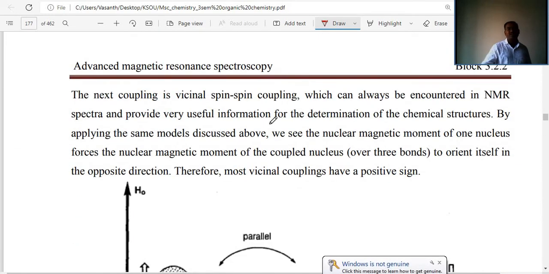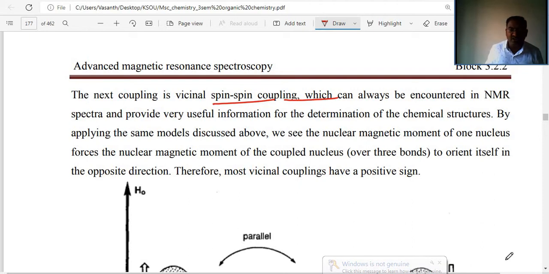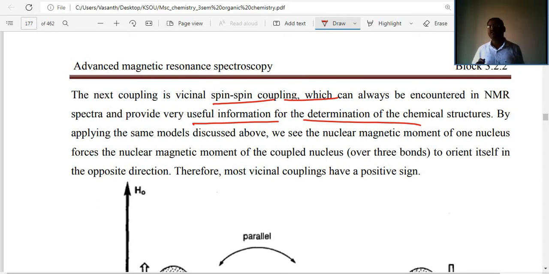We consider the next coupling, vicinal spin coupling, which is always encountered in NMR spectra and provides very useful information for the determination of the chemical structure. By applying the same models discussed above, we see the nuclear magnetic moment of one atom.